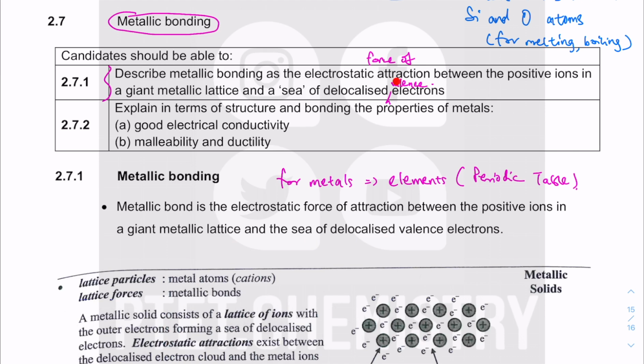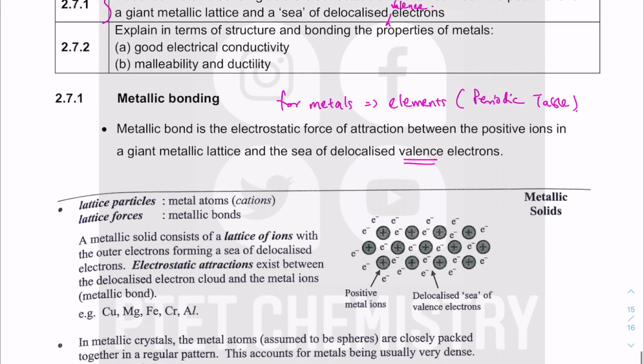The syllabus definition is a full definition, but I don't really like it that much, because they did not emphasize that it's to do with valence electrons, and that is often the difference between students who know it and students who don't, and who will develop a wrong concept later on if they don't realize that only the outer shell electrons get delocalized, only the outer shell electrons get lost in order for the metal atom to form the positive ions known as cations.